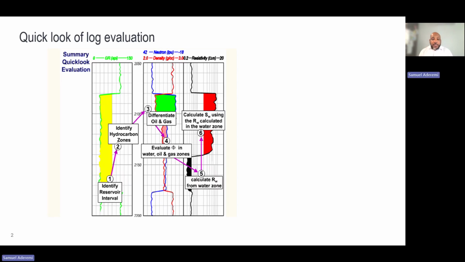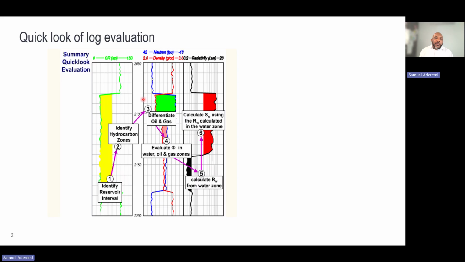But gas contains much less hydrogen per unit volume in the rock, and that is what is actually leading to the low neutron porosity log. So the way you need to visualize this is that when the tool actually enters a gas-bearing interval, it thinks there is less pore fluid present, so it reports a lower apparent porosity than the true porosity of the system.